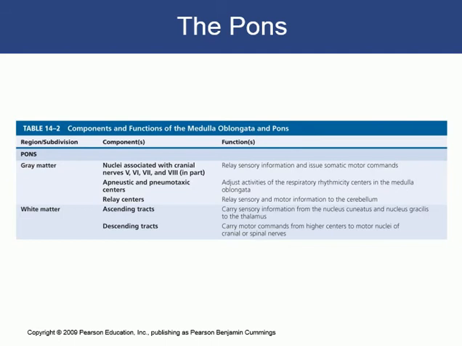But isn't that exactly what we said about the medulla? Respiratory rhythmicity centers in the medulla, and there are other respiratory centers in the pons as well. What's the difference? Those in the medulla set the basic rhythm. This is what decides you're going to breathe 15 or 16 times per minute.